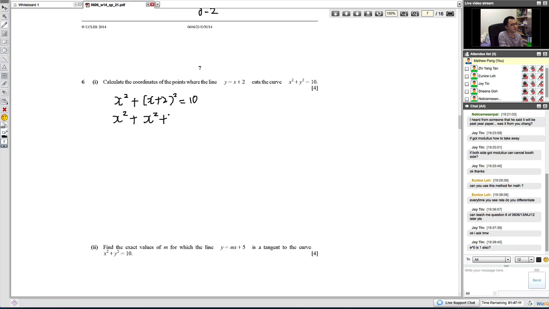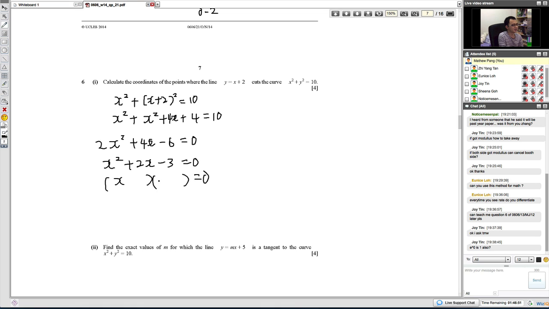This is x squared plus 4x plus 4 equals 10. I will make it become 2x squared, plus 4x, move the 10, will be minus 6 equals 0, divided by 2, x squared plus 2x minus 3 equals 0. Then I factorize it. I think this one should be very easy. This is plus 3, minus 1.